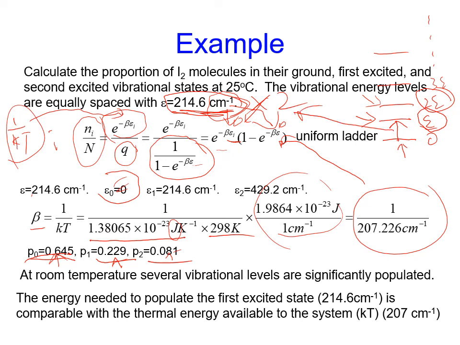The thermal energy kT, converted to inverse centimeters, is 207. So these two numbers are comparable, meaning that molecules have thermal energy comparable to the energy difference, and therefore many molecules have enough energy to populate the first energy level, and even some go to the second excited state.